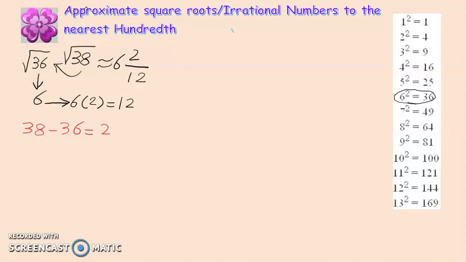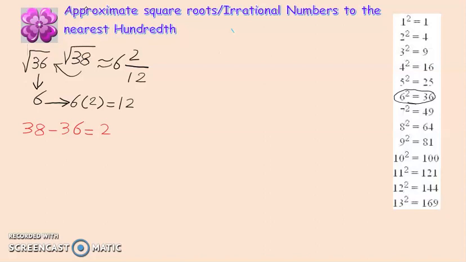But the question asks you to estimate it to the nearest hundredth. So you have to change this fraction to a decimal. To do so, first reduce your fraction. As you see, 2 over 12 can be reduced. What number can go into top and bottom evenly? 2.